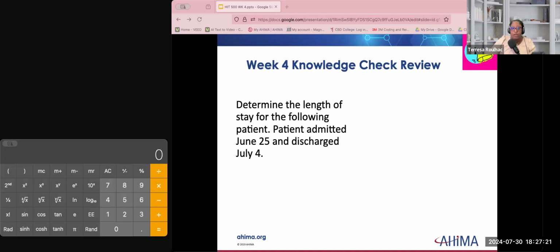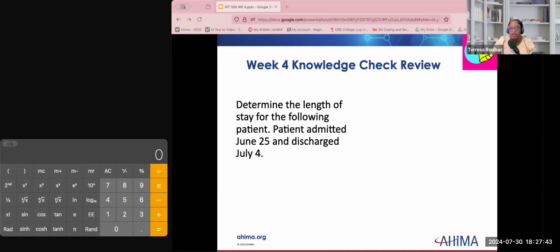We're determining the length of stay for the following patient admitted on June 25th and discharged on July 4th. Remember that you can use whatever method works for you. Method 1, pull out the calendar. Method 2, calculate by just using the dates. And method 3, do some calculations.